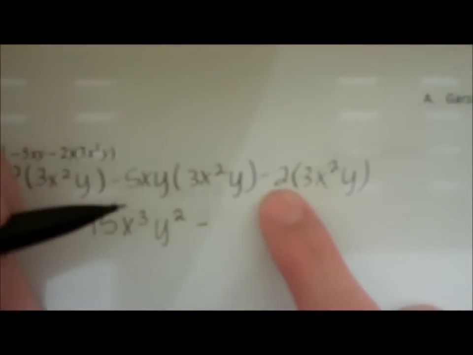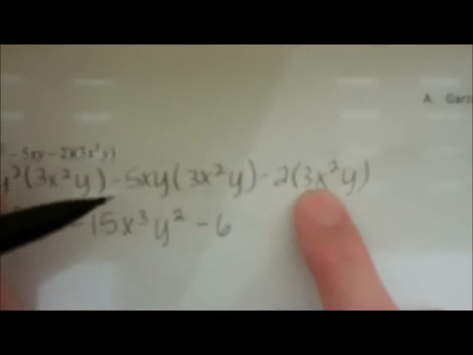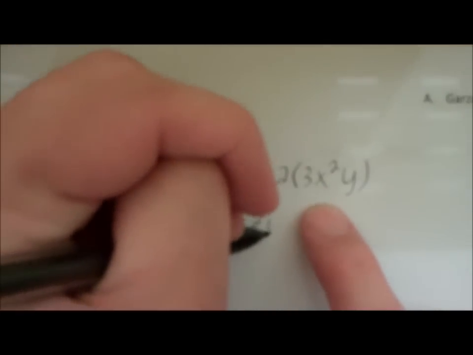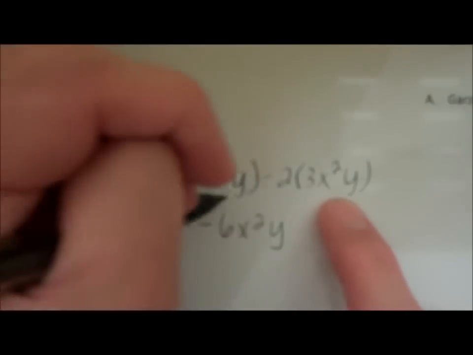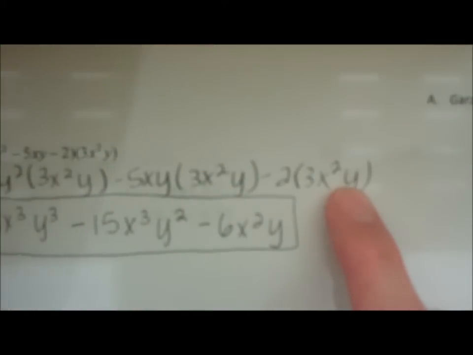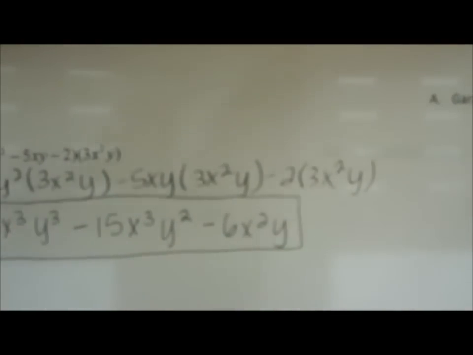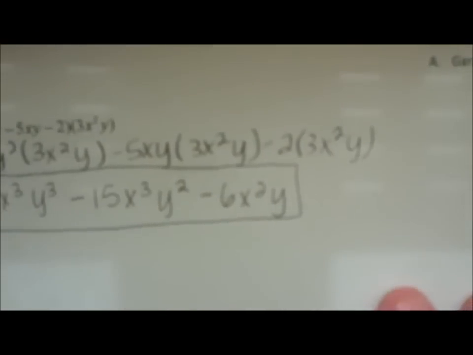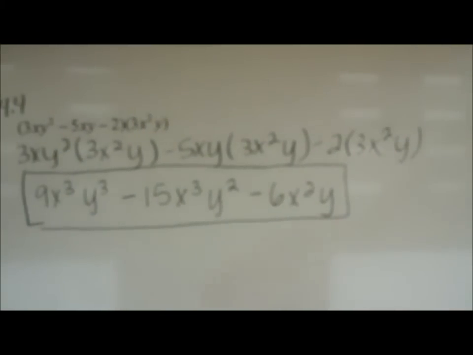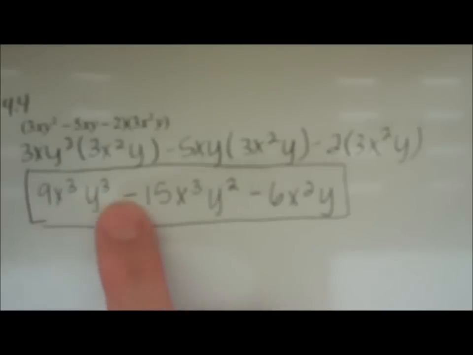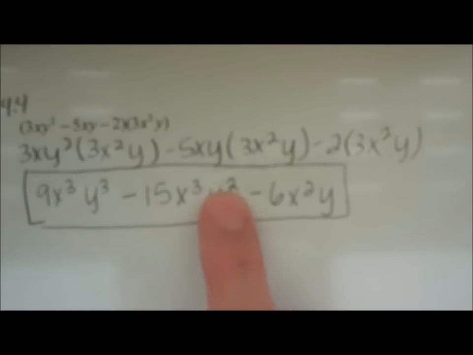Then I have negative 2 times 3 is negative 6, x squared y. And that's it. We can't simplify it any further than that because none of these are identical. That's 9x cubed y cubed minus 15x cubed y squared minus 6x squared y.